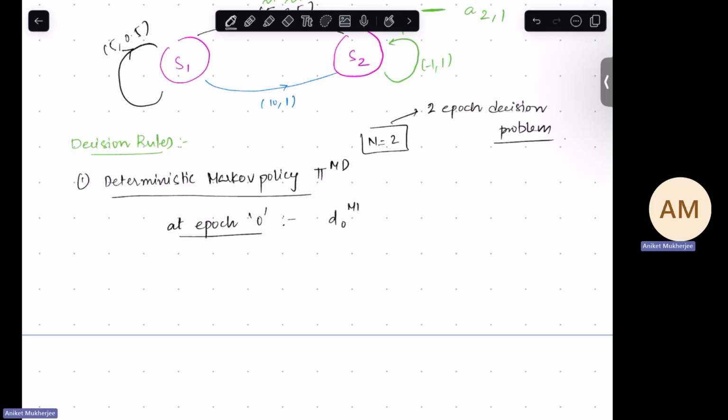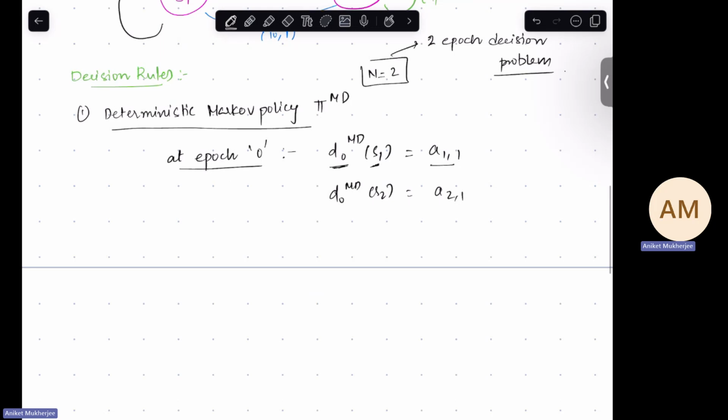This is just an example of a Markov deterministic policy. A policy is a function which takes a state and gives you an action. So under this epoch 0 decision rule, if you are at state S1, then you choose the action A11. Similarly, if you are at state S2, then you choose action A2.